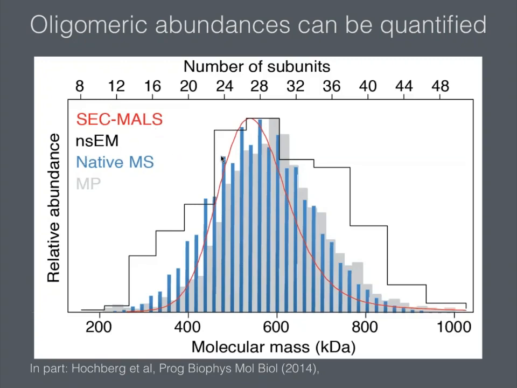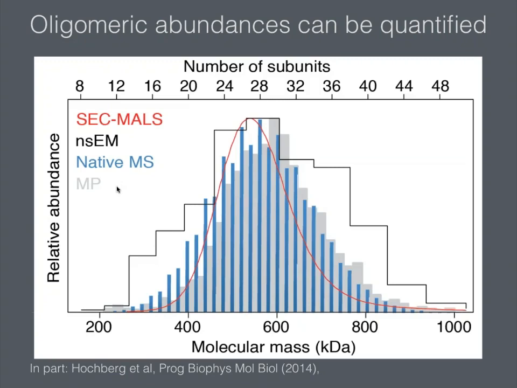The native mass spec is very high resolution, but is limited by the fact that we know we're measuring a distribution in vacuum, and we're beholden to the manipulations that I just described in terms of activation and dissociation to obtain that distribution.